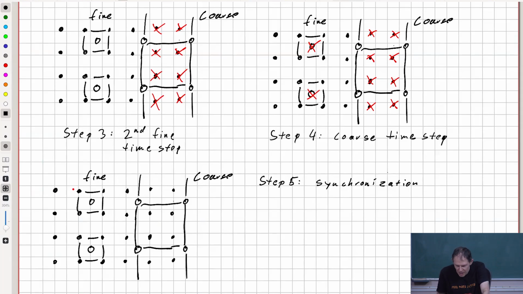So we do synchronization. That means we have the interpolation. We interpolate at all interfaces.